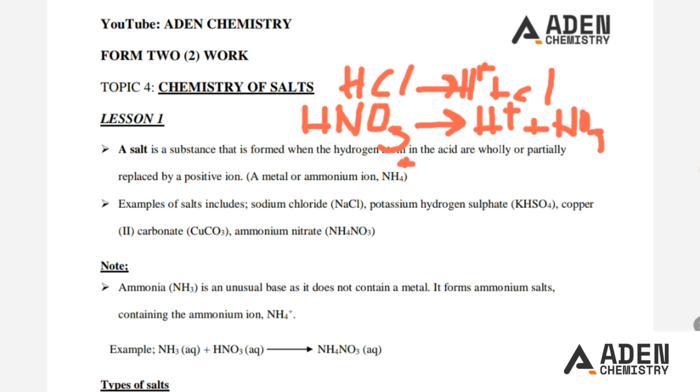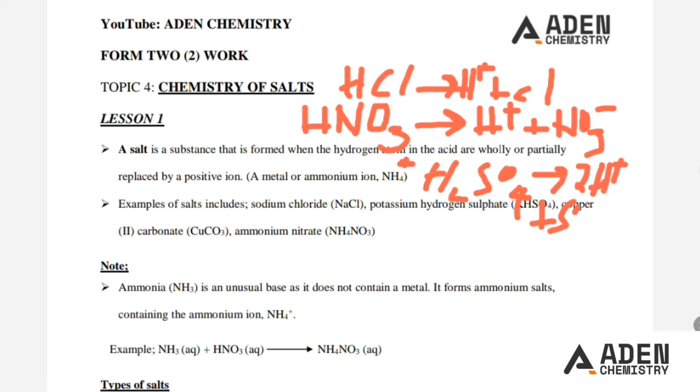Lastly, sulfuric acid dissociates to produce 2 hydrogen ions and also sulfate radical. That's why we say the hydrogen ion in the acid is wholly or partially replaced by a positive ion, which can be a metal or an ammonium ion.